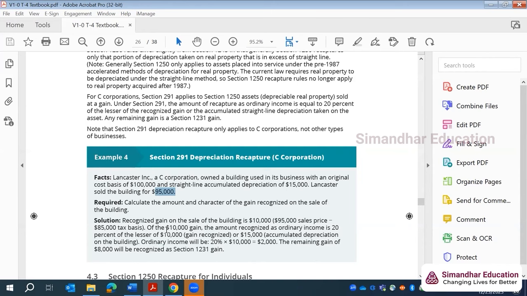So if I change the sale price of the building to $105,000 instead of $95,000, what is going to be your ordinary gain and what is going to be your Section 1231 gain?